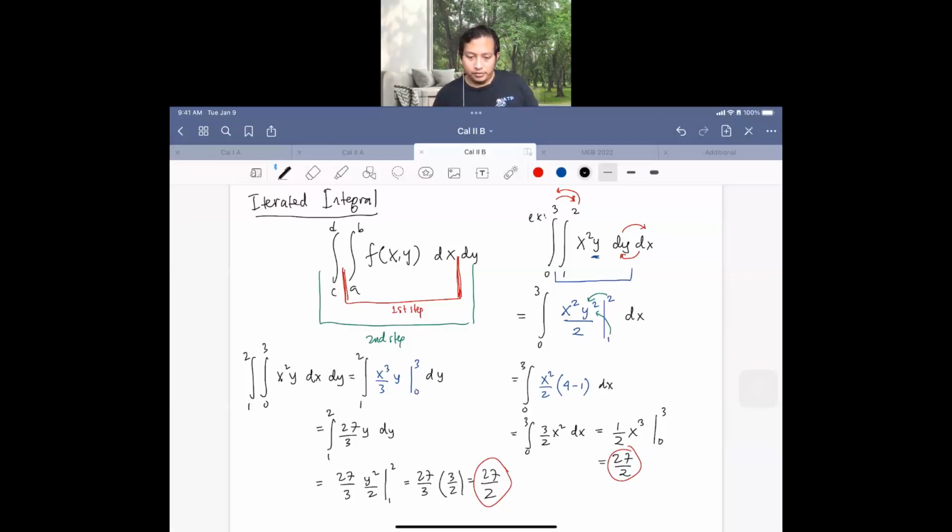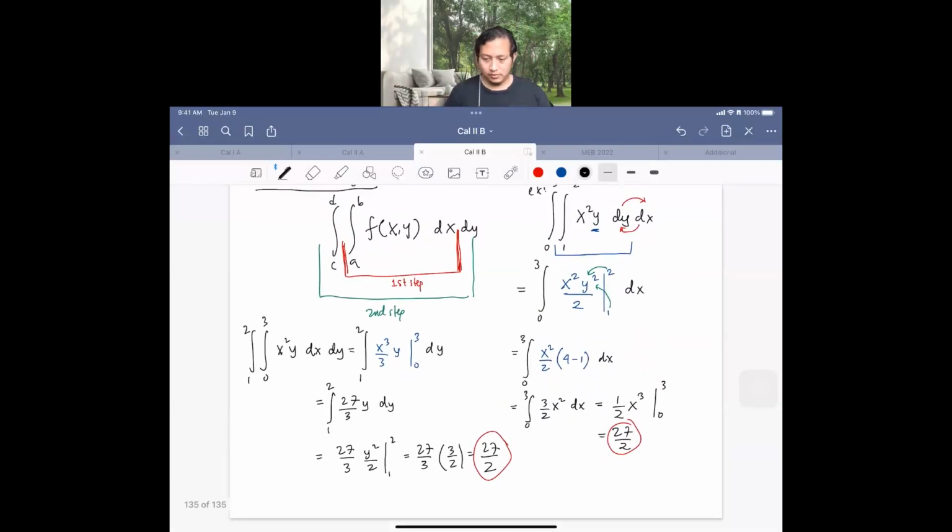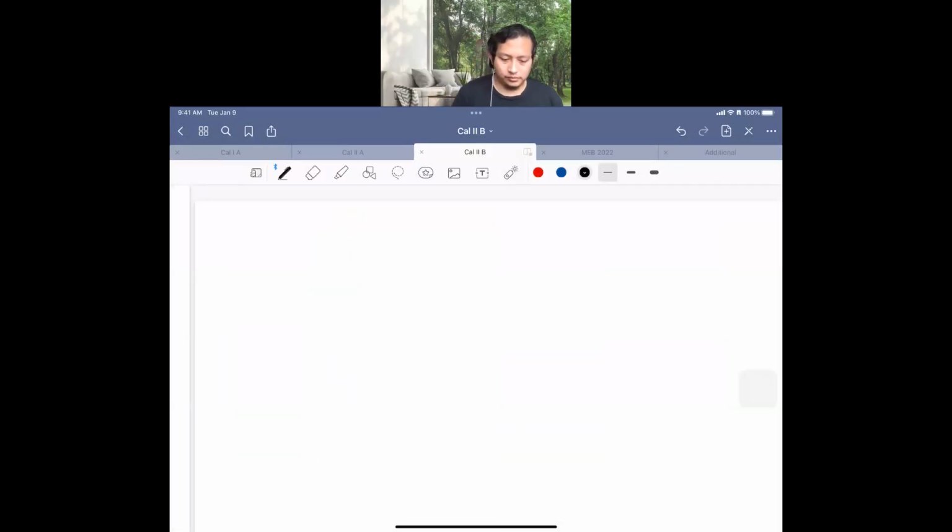Okay, let me go through the next slide. Fubini's theorem.